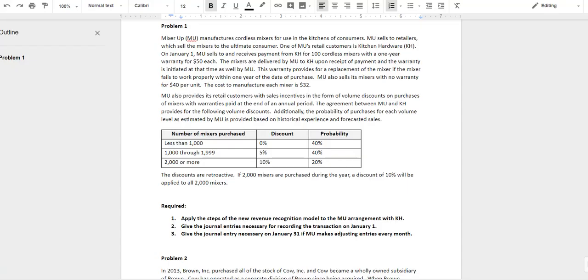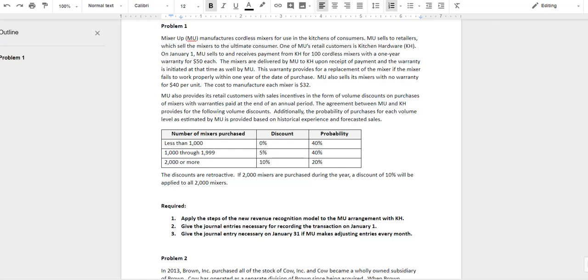Fourth step, allocate the purchase price or the sales price between the performance obligations. And we have 2 performance obligations, so we take that $48. And looking at the standalone prices of 50 and 10, we determine that 50 with everything included, less 10, or $40, without the warranty, gives the warranty a value of 10.